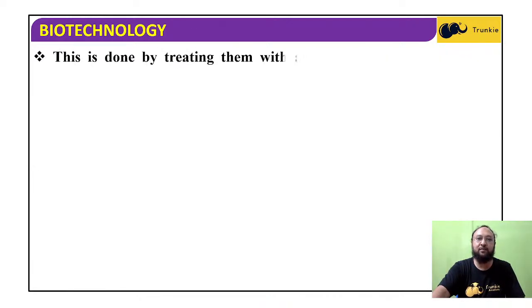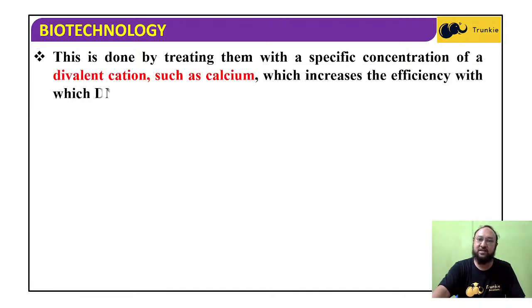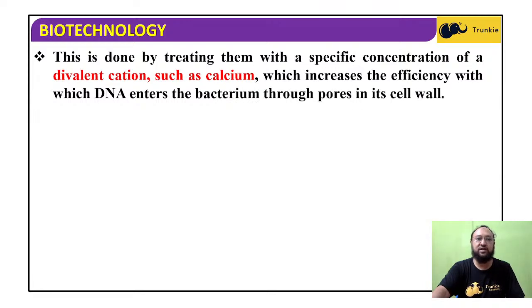This is done by treating the cells with a specific concentration of divalent cations such as calcium, which increases the efficiency with which DNA enters the bacterium through pores in its cell wall.